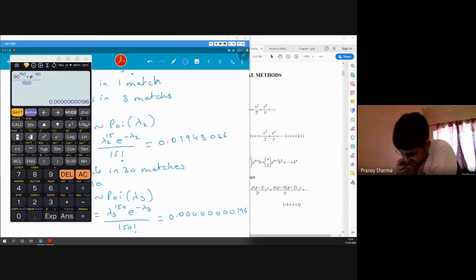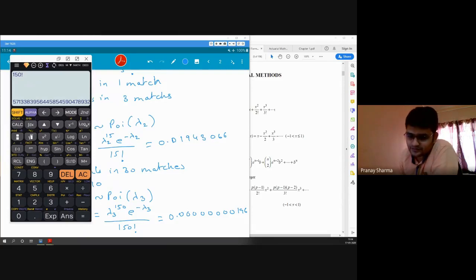In our physical calculator, we might get an error because it's a very small value. Or actually our 150 factorial is a very large value. Just try 150 factorial. Most likely it would be an error because it's a very large value. You can see here it's a very large value, so our physical calculator is not able to calculate it.